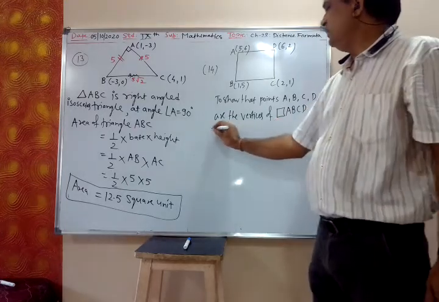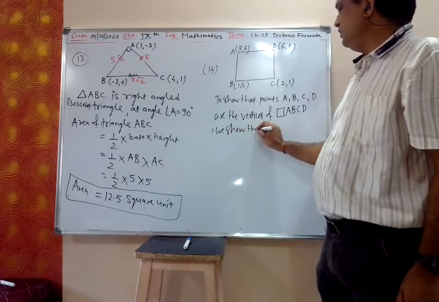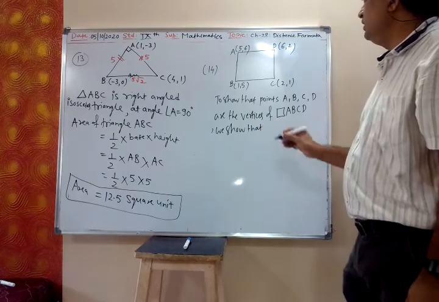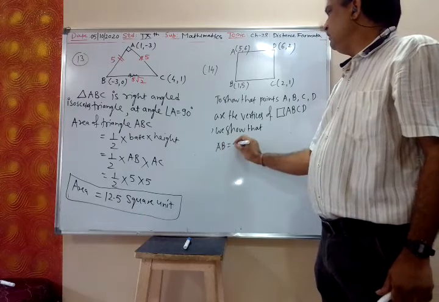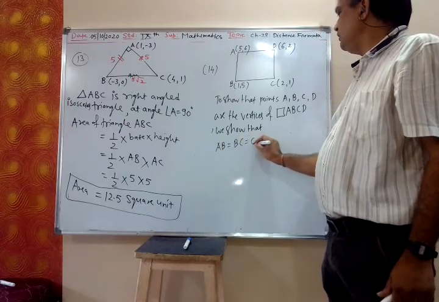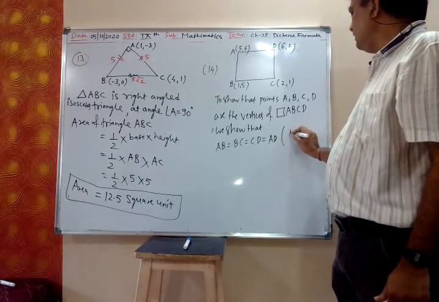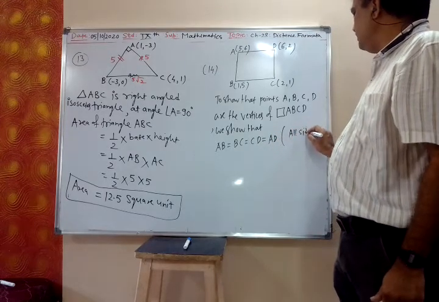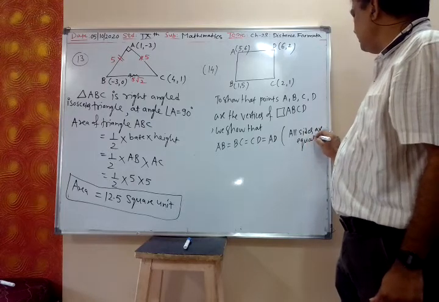To show that they are the vertices of square, we show that all the four sides are equal. Means AB is equal to BC is equal to CD is equal to AD. All sides are equal. We show that all sides are equal using distance formula.